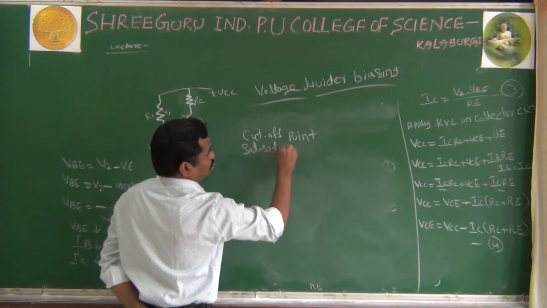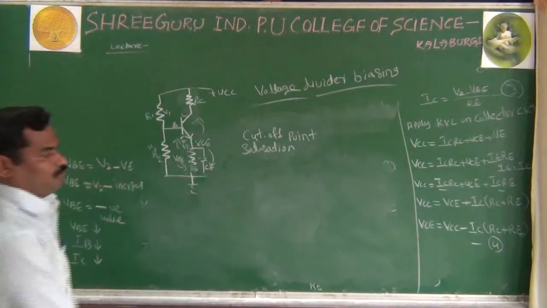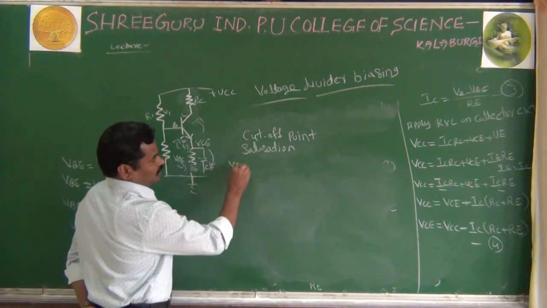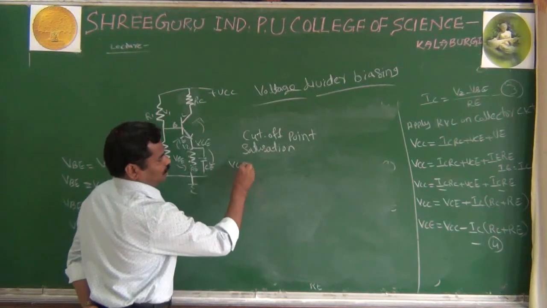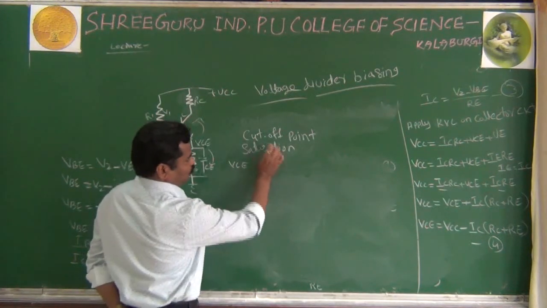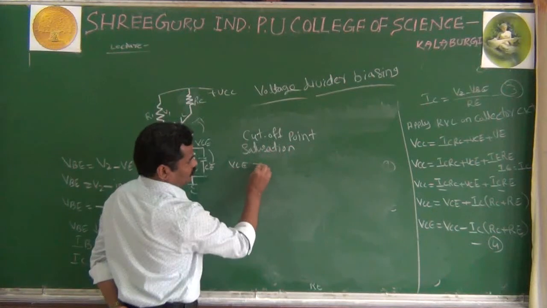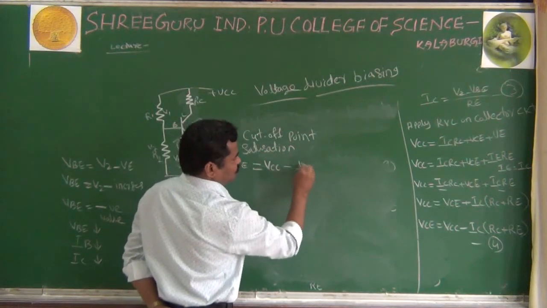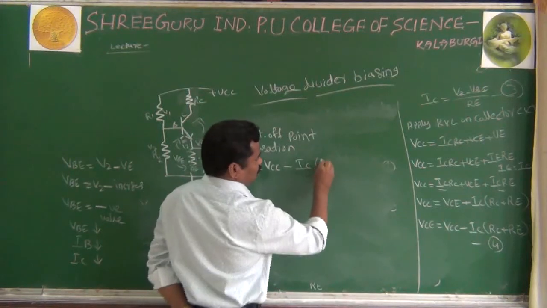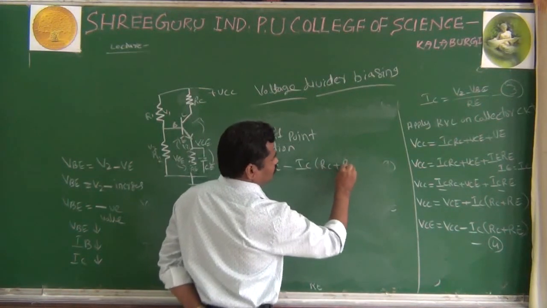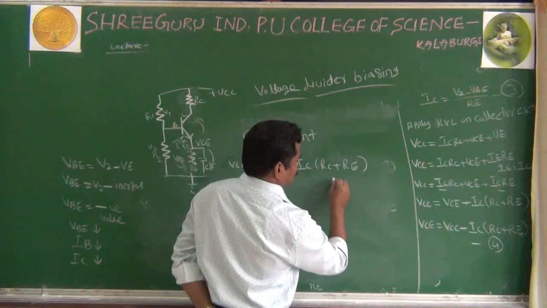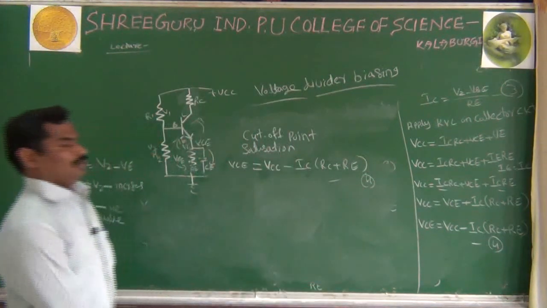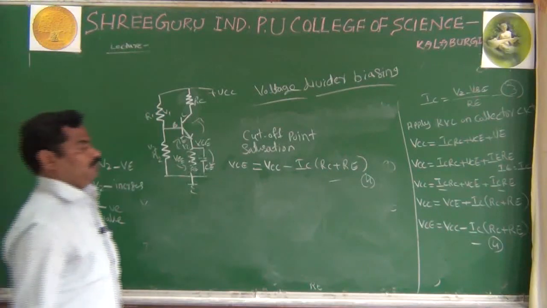We already know equation number 4, that is VCE equal to VCC minus IC times (RC plus RE).